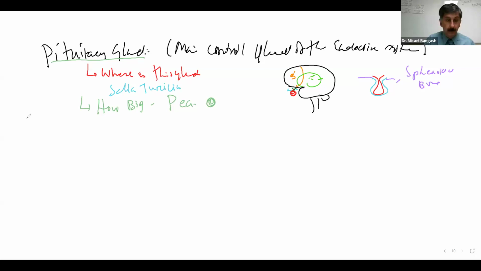Now, if that wasn't small enough, this pituitary gland, although it's just this small, is divided into two lobes.